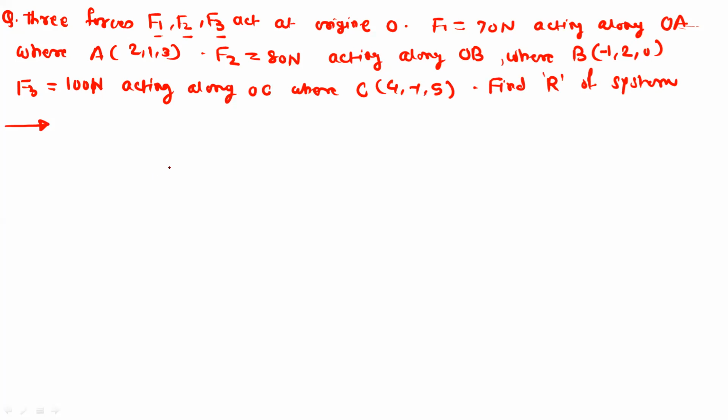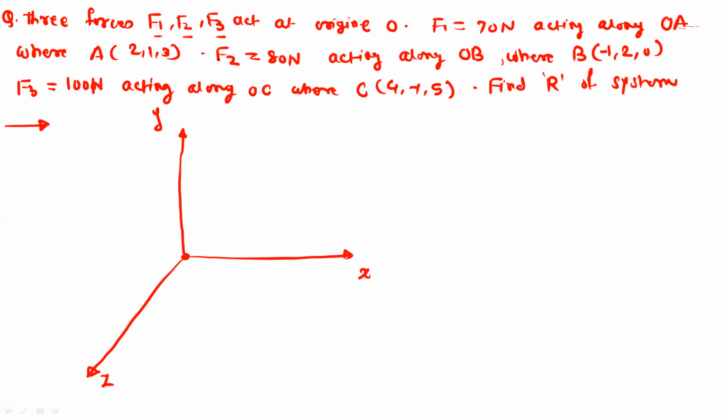So this concurrent force system consists of three forces F1, F2, F3. All the forces act at the origin, so the starting point is the origin, and they are directed in different directions. The directions are specified by the vectors OA, OB and OC. So this is the starting point for all the forces.